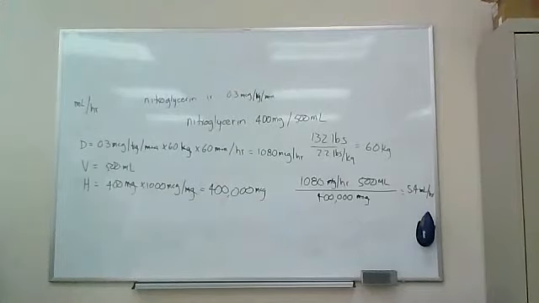Do you get the same number? 1,080 times 500 equals 540,000, divided by 400,000. You got 1.35. Okay.